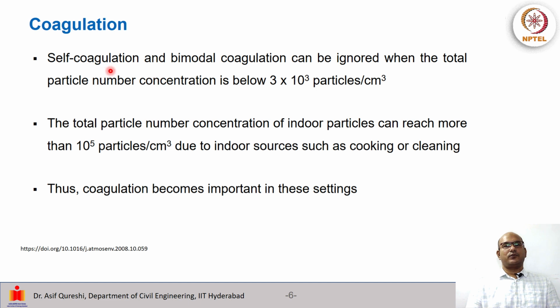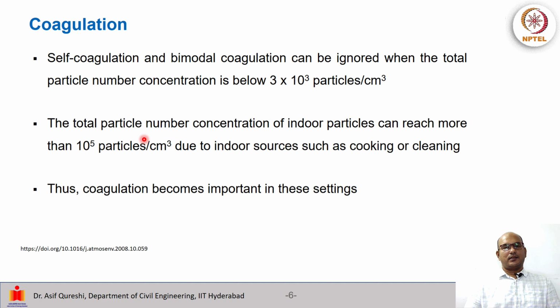Generally, self-coagulation and bimodal coagulation, so coagulation in one mode or two modes, can be ignored when total particle number concentration is below 3000 particles per centimeter cube, because then we don't have enough particles in a given volume of air that they collide and coagulate.